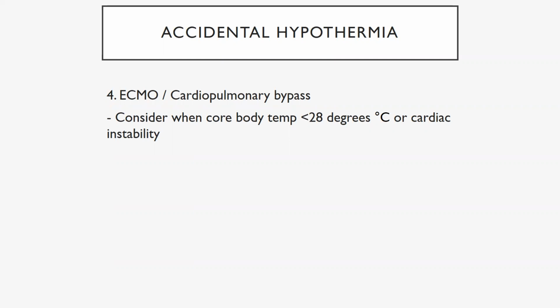These are the times when you want to think about ECMO and cardiopulmonary bypass. You want to try all other interventions first, because we barely have enough, so you have to be very selective on what type of patient you put on ECMO.